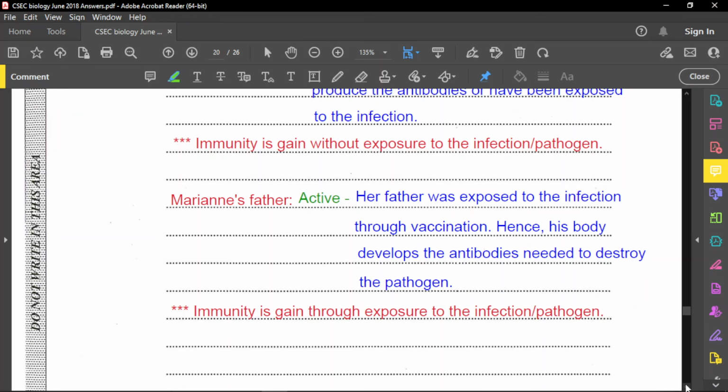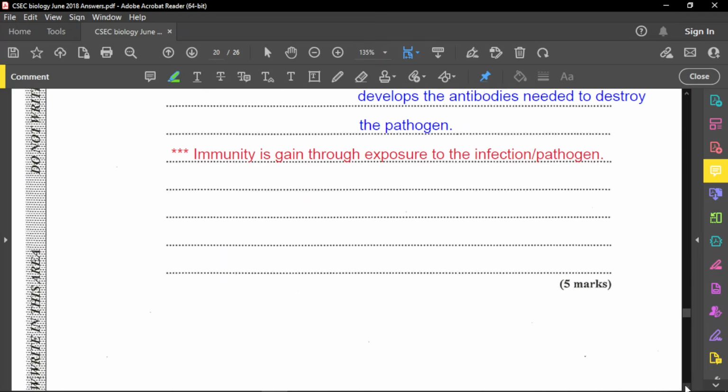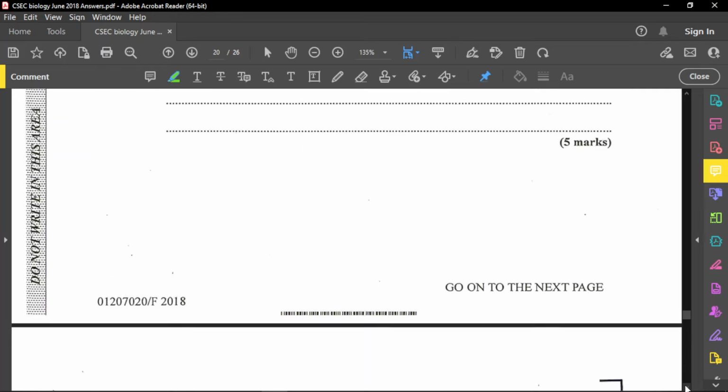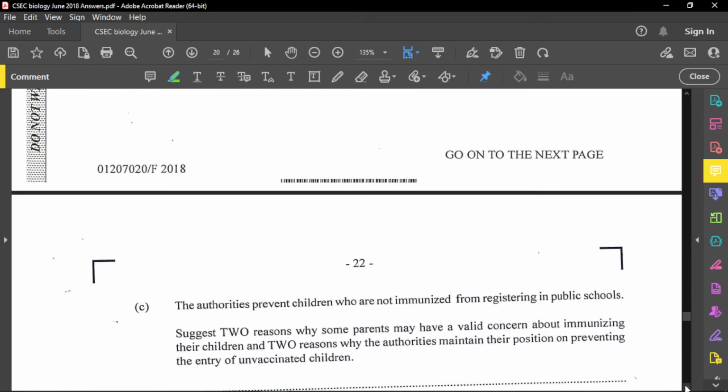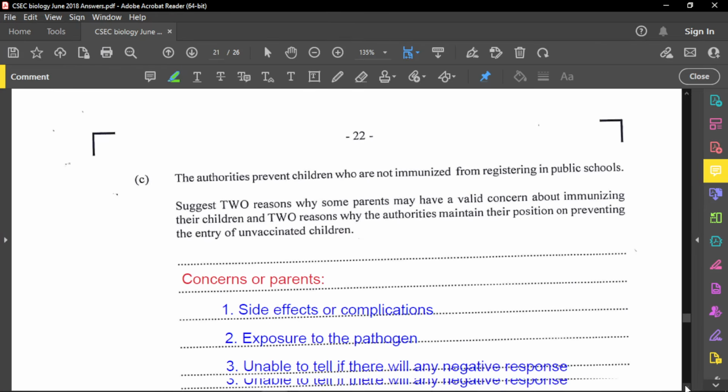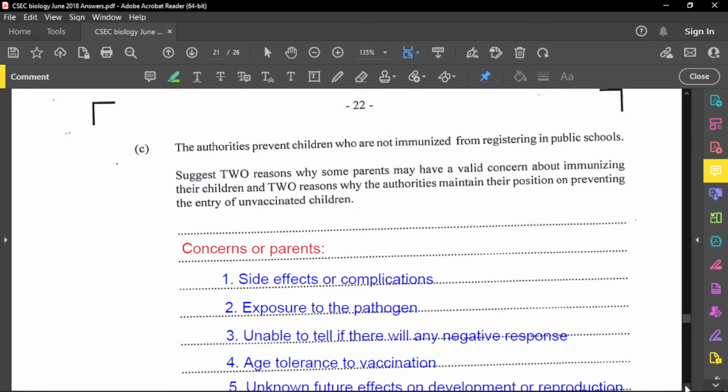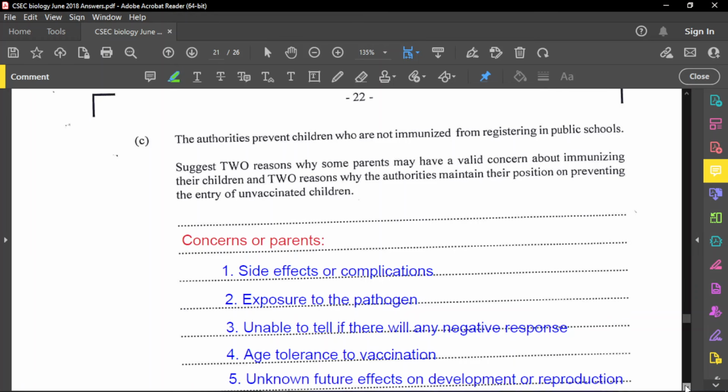And hence his body develops the antibodies needed to destroy the pathogen. So his immunity is gained through exposure to the infection or pathogen. It builds up his immunity in terms of exposure, so his body will produce these antibodies and remember how to produce these antibodies in case of infection.